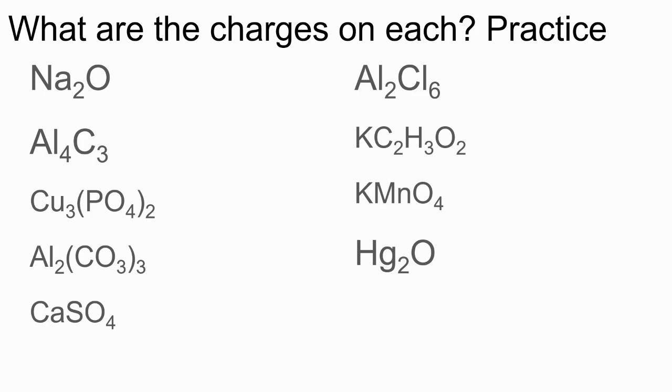What are the charges on a one plus ion? Krypton would be zero. A one plus ion would be neutral. And then a chlorine, 2 minus, would have a plus 1 minus charge, or 3 plus. No. Sorry, same negative.